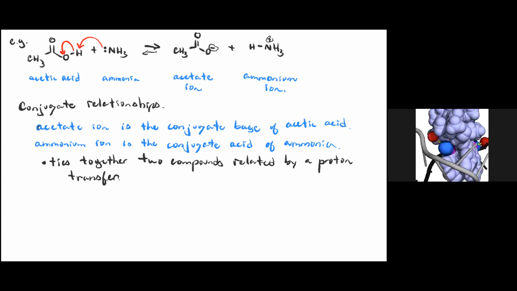All right, and so the final thing I want to talk about before we get into pKa's is what we call amphoteric compounds. These are species that can behave as either an acid or a base.